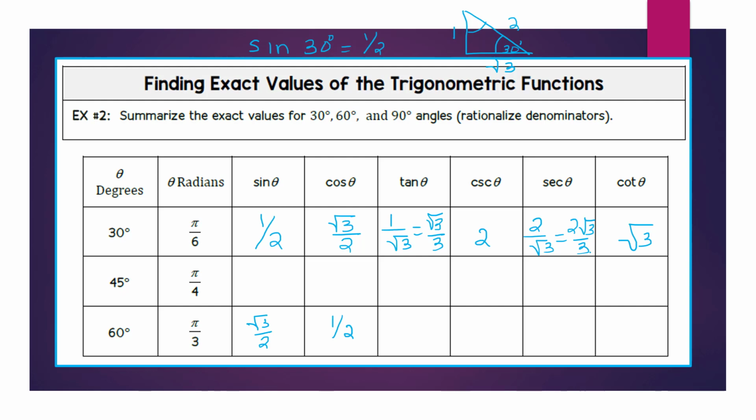But note, if you just say, okay, I'm just going to remember 30 degrees, that's great, right? Because we can take this information still and use that cofunction theorem. We got tangent of 30 degrees. Well, that should be the same thing as cotangent of 60. So root 3 over 3.